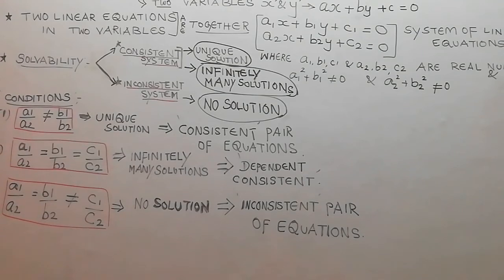When all these ratios are equal, the system of equations is called a dependent consistent equation. This is the second condition.